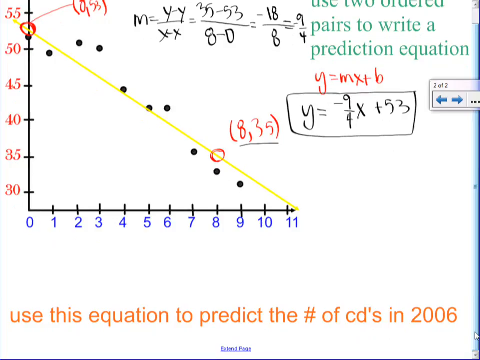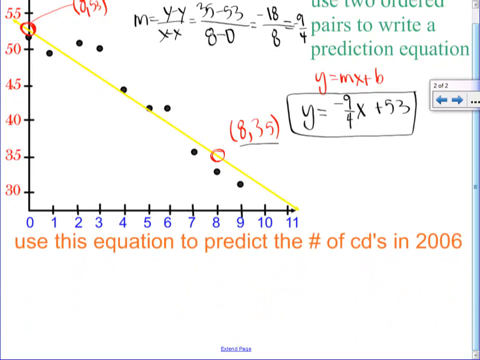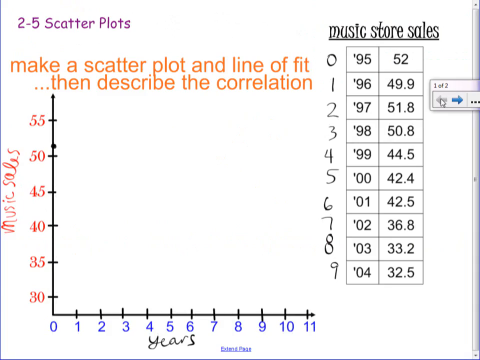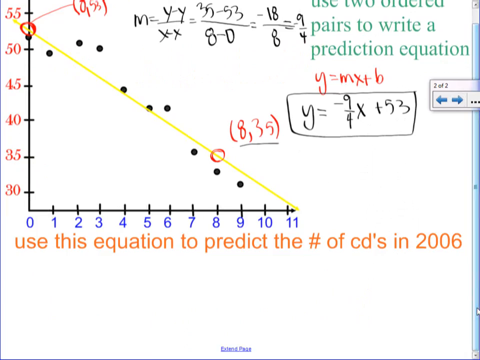Okay, then they're going to ask you to use it to find something. So use this equation to predict the number of CD sales in 2006. Well, let's look at what year that would be. Looking back here, 2006 would be year 11, right? So we go back here, which is year 11 right here.